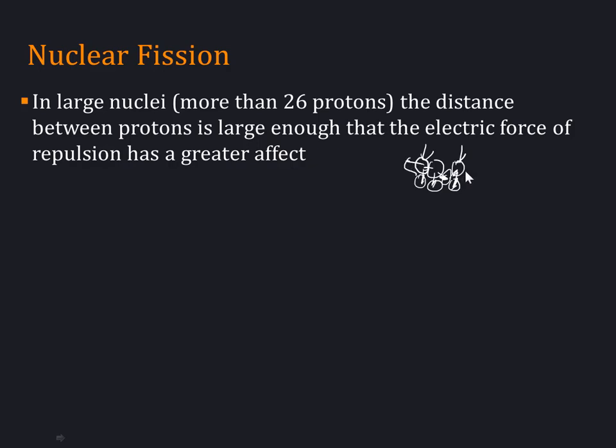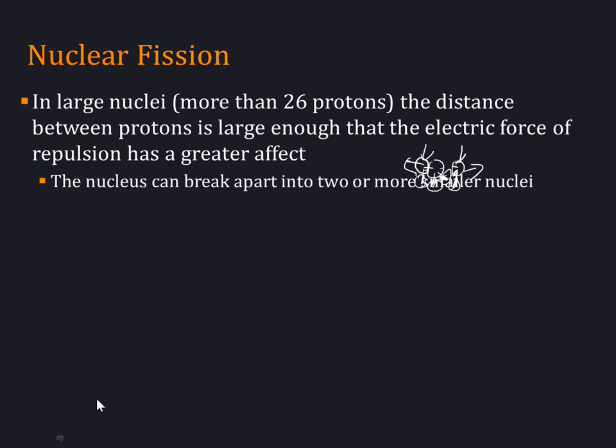There is the electric force of repulsion trying to push those apart, and it has a greater effect than the strong nuclear force between these two. So when you have lots of protons in the nucleus, the electric force of repulsion has a pretty big effect, and that actually causes the nucleus to break down. And if that happens, then we end up with two or more smaller nuclei, and that's called nuclear fission.